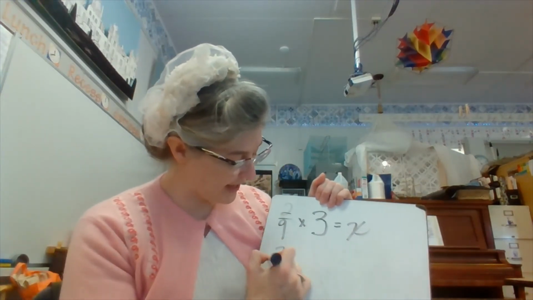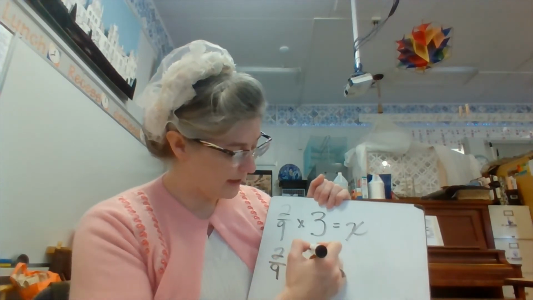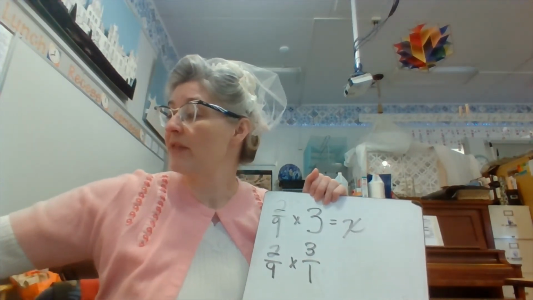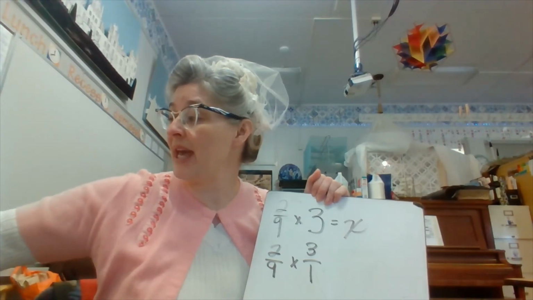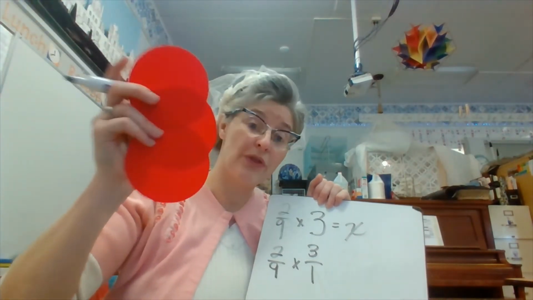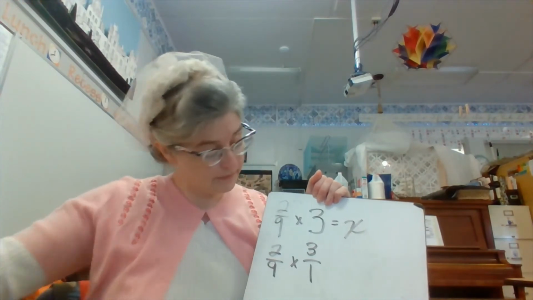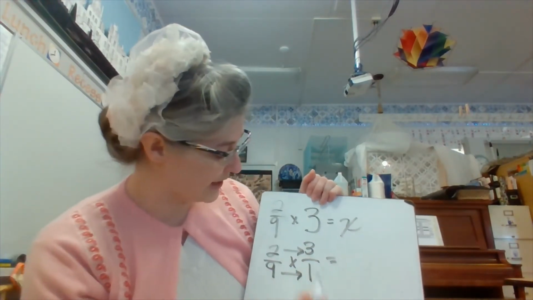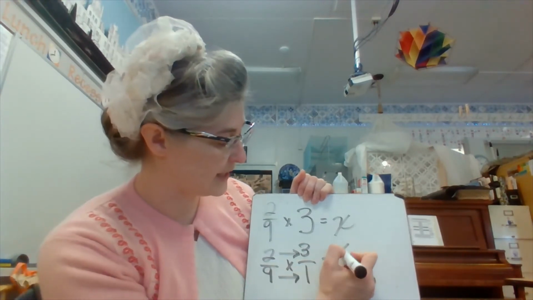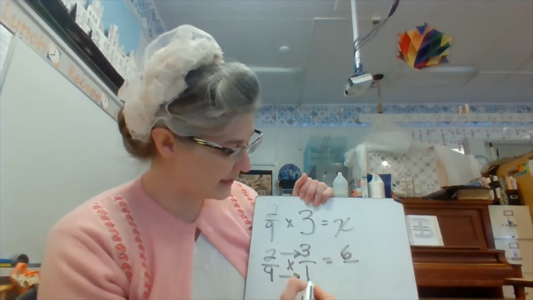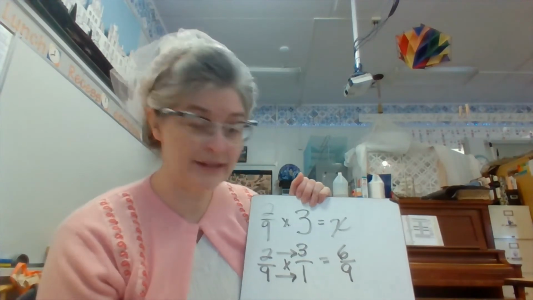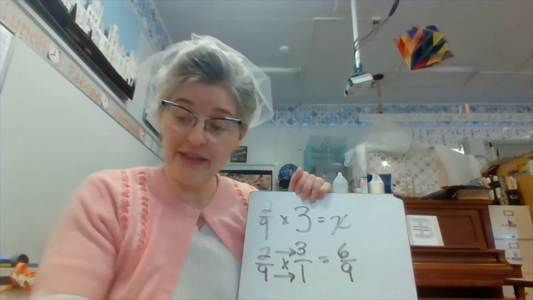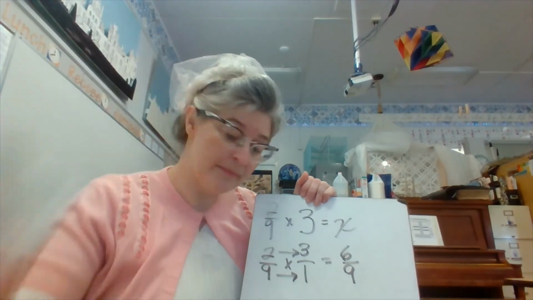So if I rewrite this again, reminding myself that the number 3 can just be written as 3/1, again, I'm going to see I just multiply straight across. 2 times 3 is 6. 9 times 1 is 9. Ooh, remember we were able to simplify this one down into thirds as well?